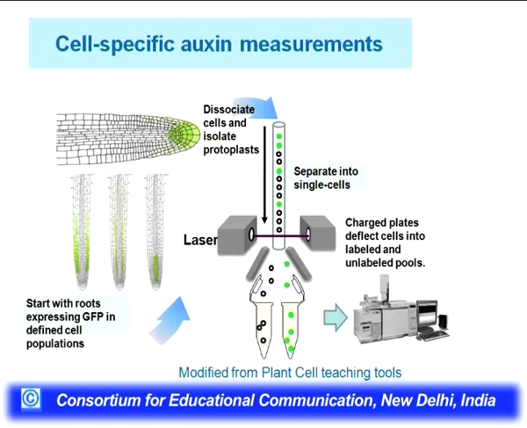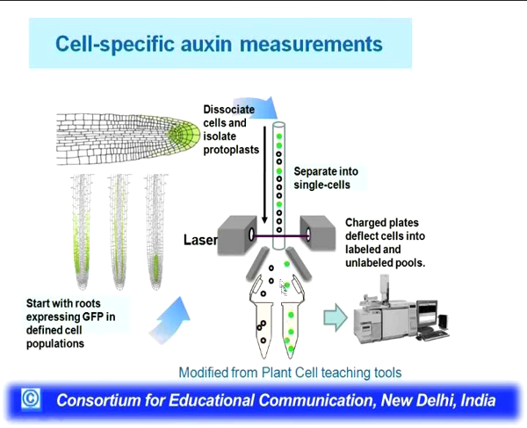This is another technique by which you can quantitate auxin, where you can have some kind of fluorescent protein made. Actually, in this experiment it is GFP, which gives you a color. Now, there is a machine called FACS, where one can separate out the green cells versus non-green cells. The green ones are the ones making the green protein GFP.